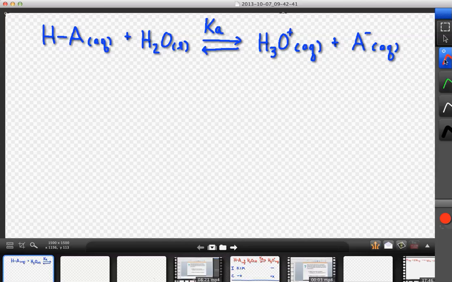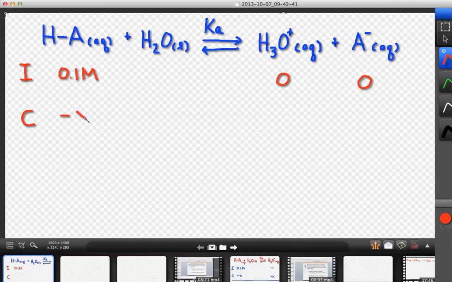And just like we did with equilibrium, we're going to construct an ICE diagram. So initially we know that we have a 0.1 molar solution of phenol. There is no hydronium nor conjugate base formed before the reaction begins to dissociate.